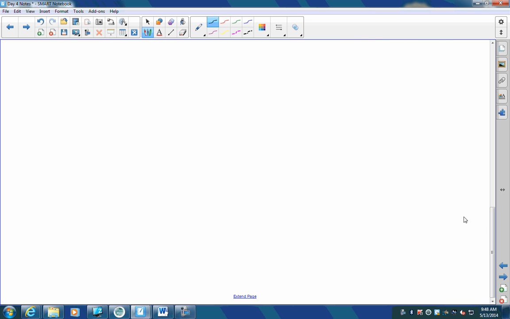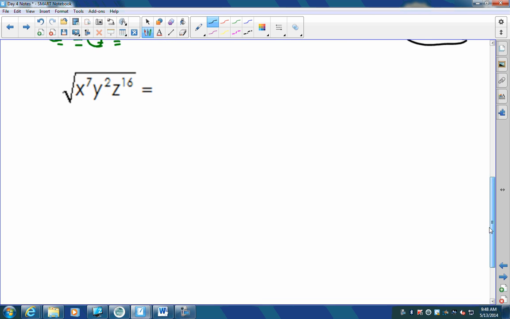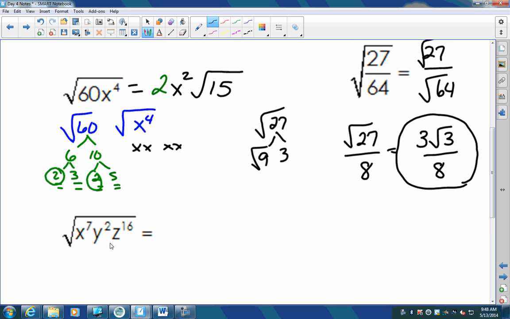Oops, they went way up. Hit one too many times. All right, so now down here it has the square root of x to the 7th, y squared, z to the 16th. If I look at my x's, how many pairs can come out? If I've got 7 of them, 3 pairs can come out, so I have x to the 3rd.